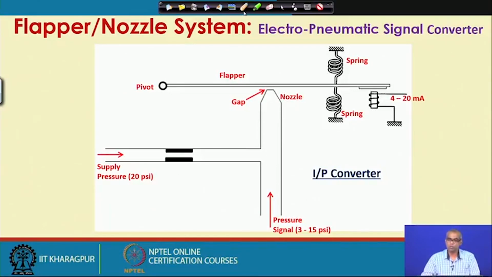The schematic shows how I can convert an electrical signal to a pressure signal by a flapper nozzle system.